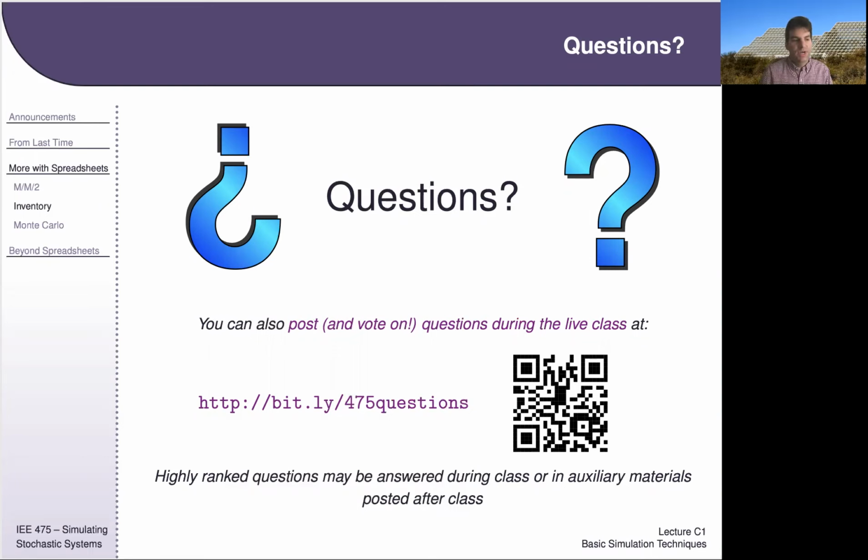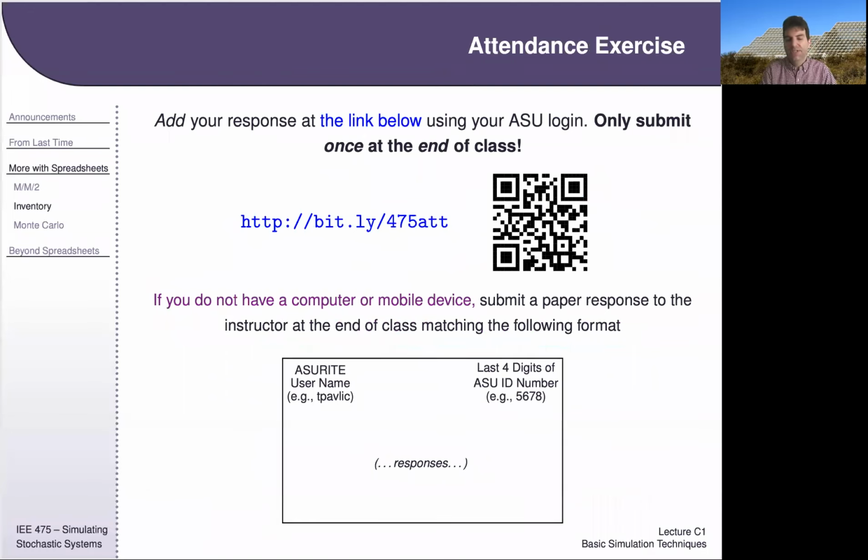All right, so while I wait for questions here, let's do another attendance question. So again, I put the URL in the chat. It's also available here on the screen or via that QR code. And so in this question, what I'm asking is, what does the parameter M, as in Mary, represent in the order up to inventory problem?